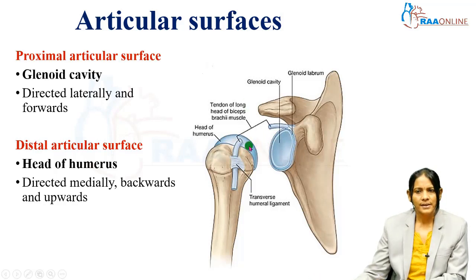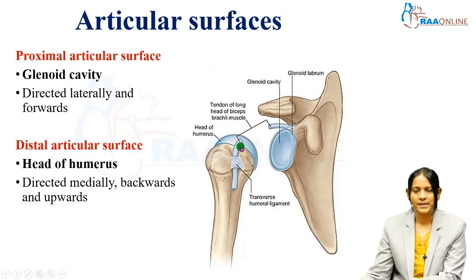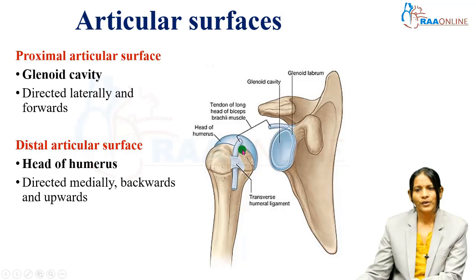Now, there is a small difference in the way the articular cartilage is present over the articular surfaces. So, in the head of the humerus, the articular cartilage is very thick in the center, whereas thinner in the periphery.